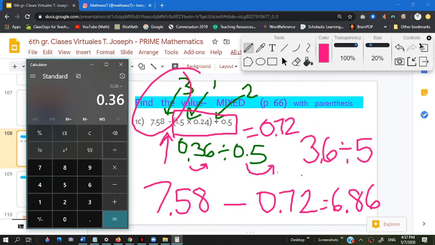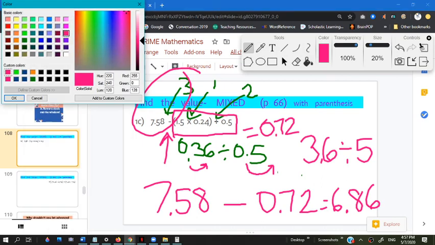Divide that number by 0.5, which gives us 0.72. I need to remember that because I put my 7.58 first. 7.58 minus 0.72 gives us 6.86 as our final answer.